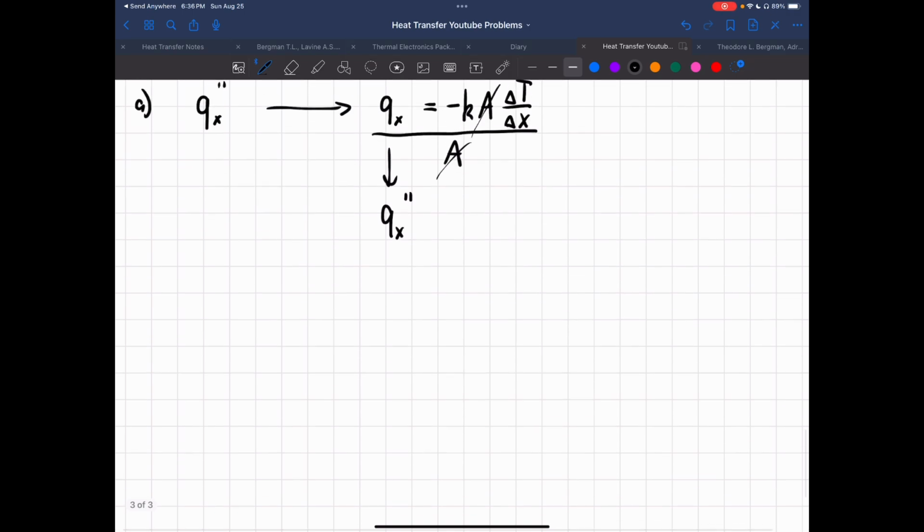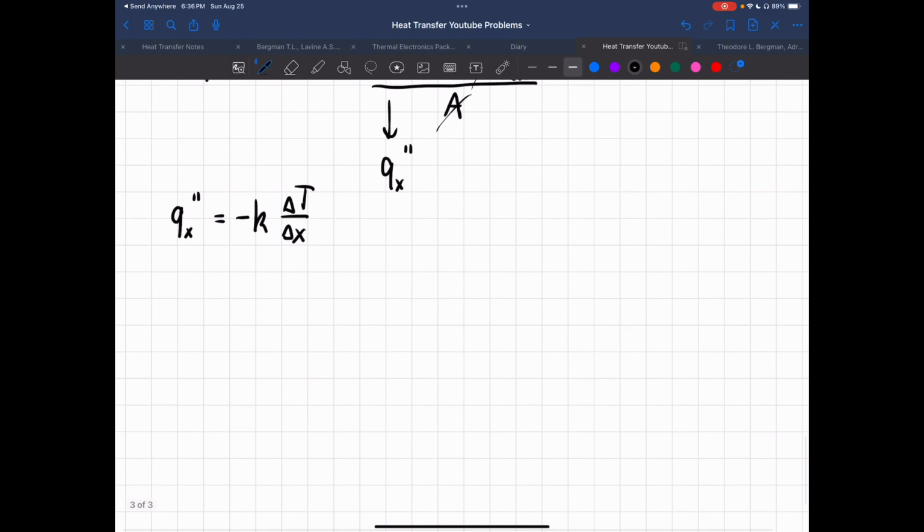So now we know our equation we're going to use for part A. We're going to say q sub x double prime equals minus k, and no A because we took that away, delta T over delta x. And from here, it's pretty easy. We just need to plug in.